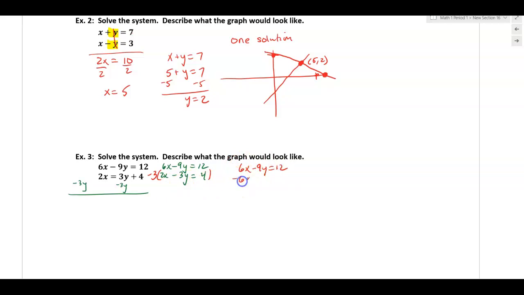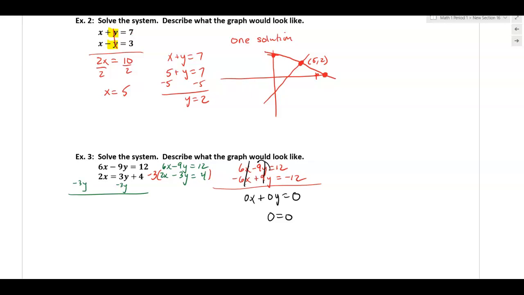The second one would become negative 6x plus 9y equals negative 12. Well, what happens here? Well, 6x minus 6x gives me 0x, plus negative 9y plus 9y gives me 0y, equals 12 minus 12, which is 0. Here, 0 equals 0.